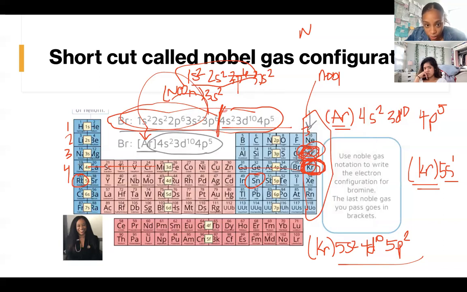Because this is the second row at the p orbital, which is 1, 2, 3, 4, 5, 6. If I asked you the electron configuration for neon, you're going to tell me 1s2, 2s2, 2p6.